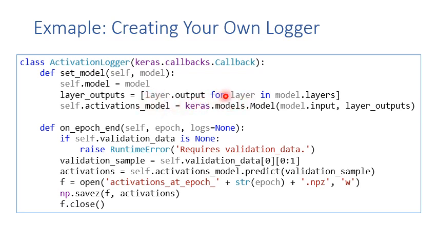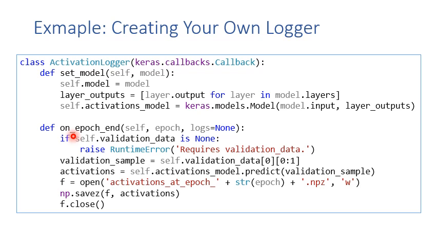We make a list of the outputs of each layer in our model. So for layer in model.layers, we make a list of the layer outputs, called layer_outputs. Then we create a new Keras model by passing the input and the layer outputs.